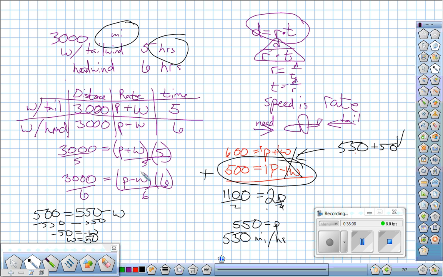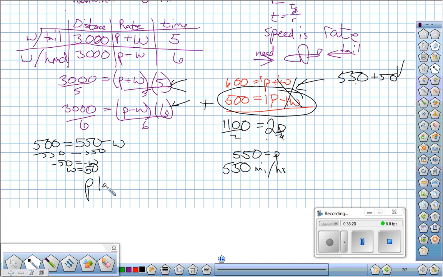Still, it might be a good idea to plug it back into both formulas. Then you write a little sentence: the plane was going 550 miles per hour and the wind was 50 miles per hour.